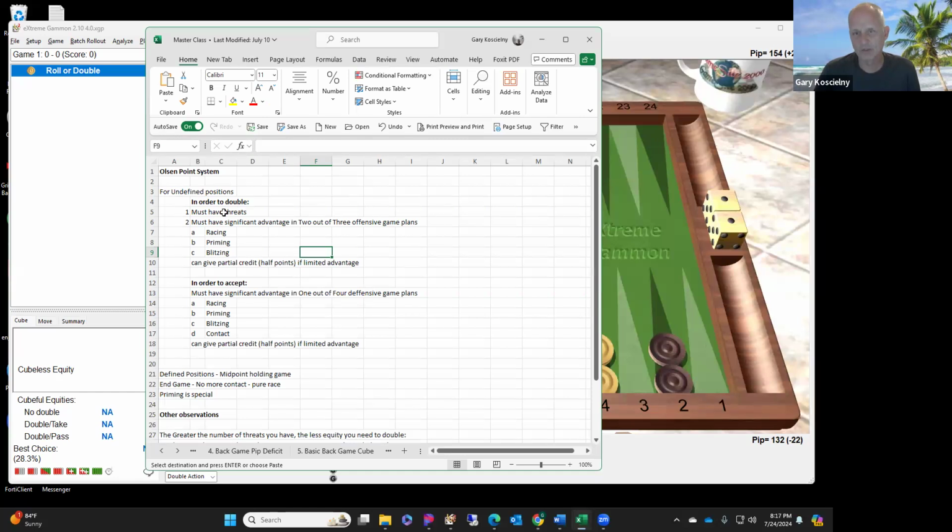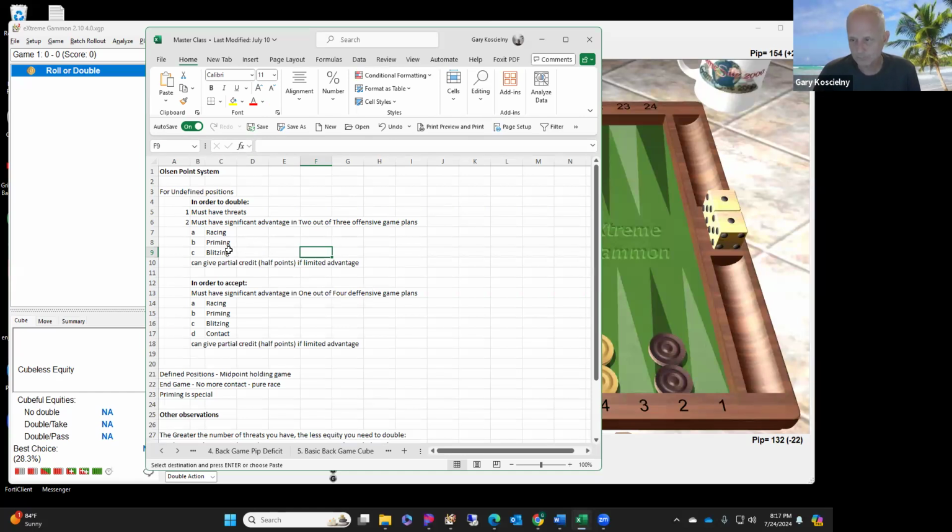Mark Olsen is thinking in terms of priming or blitzing. The Presser system is more board strength versus board strength, but the ideas are basically the same because we're going to start pretty much from the same spot. These are early middle game types of undefined positions.